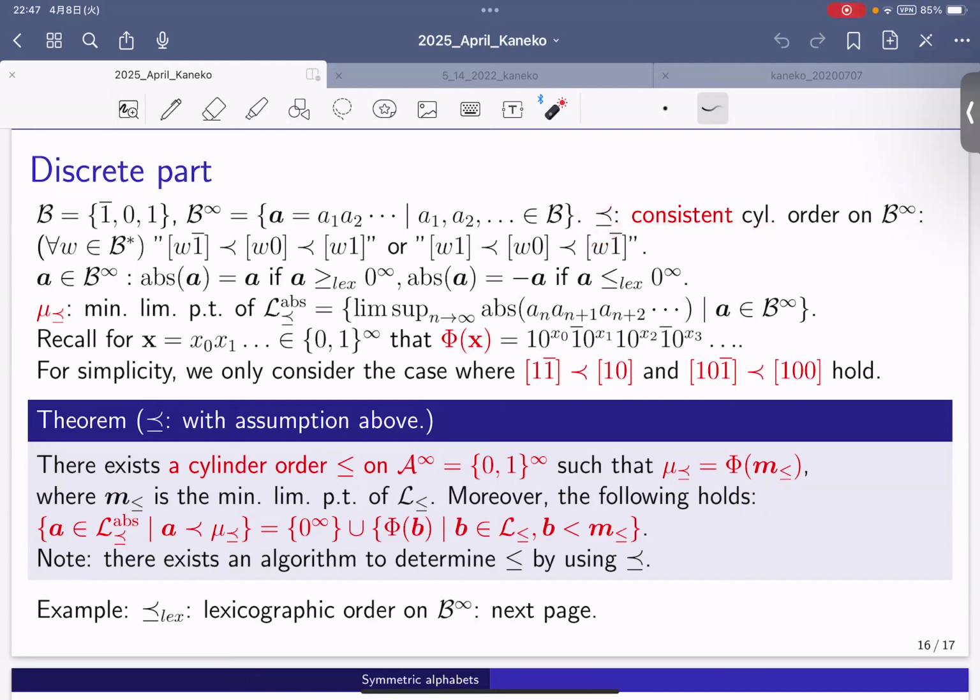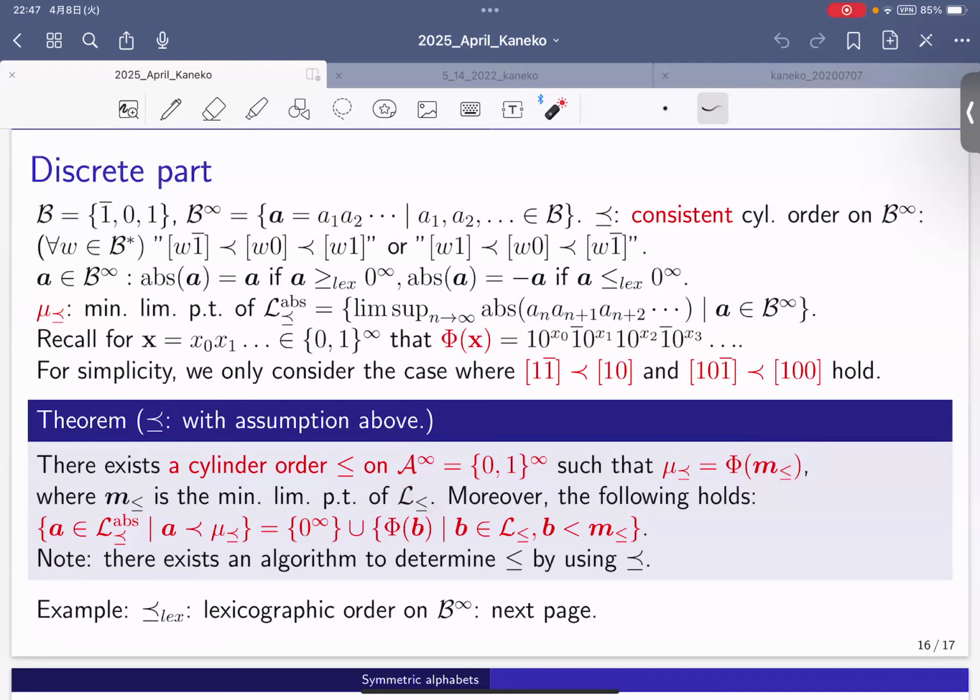So this M is in some sense the minimal limit point of the 0, 1 case. So this one is a certain cylinder order on the set of 0, 1.